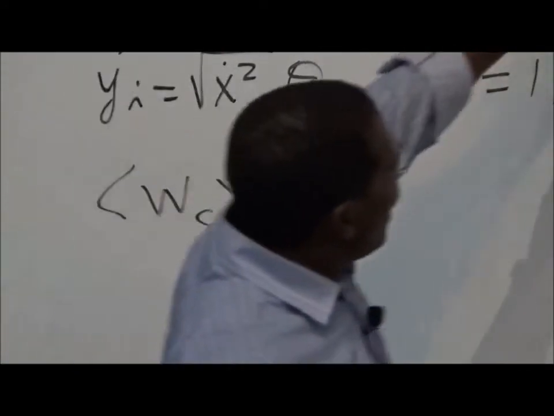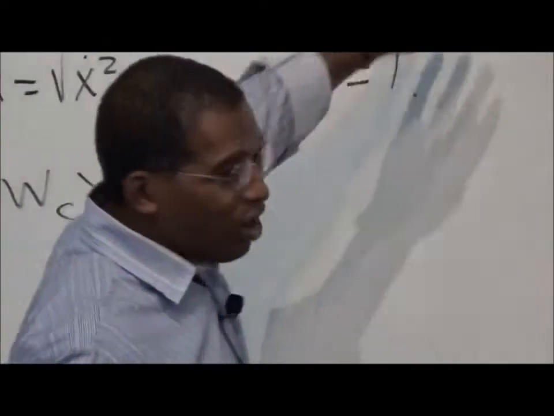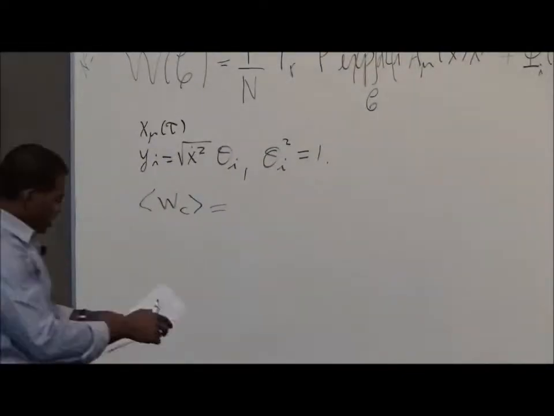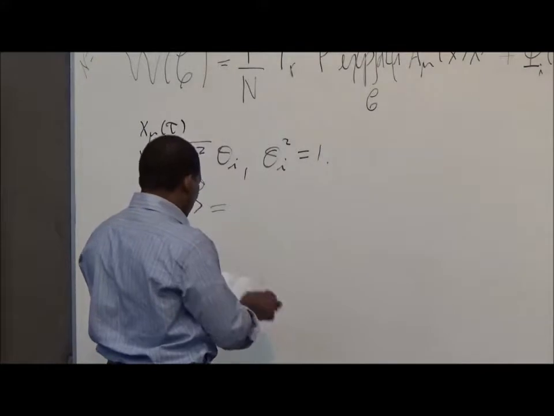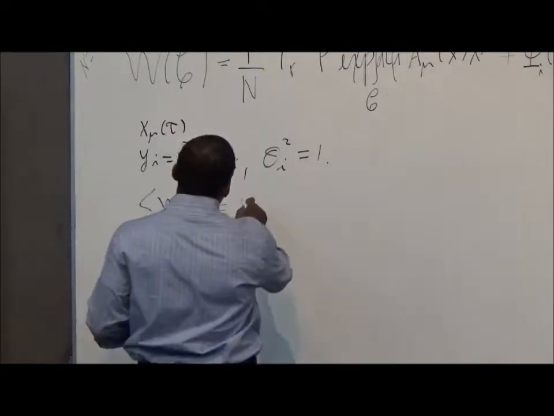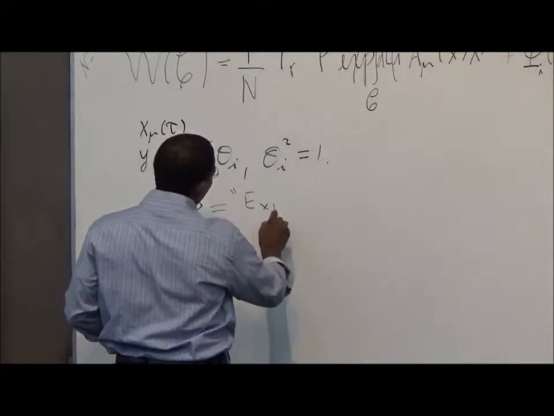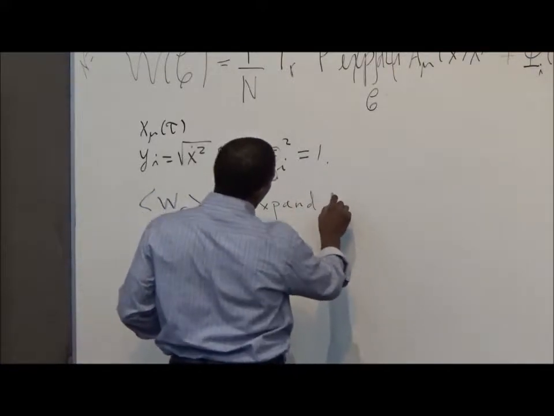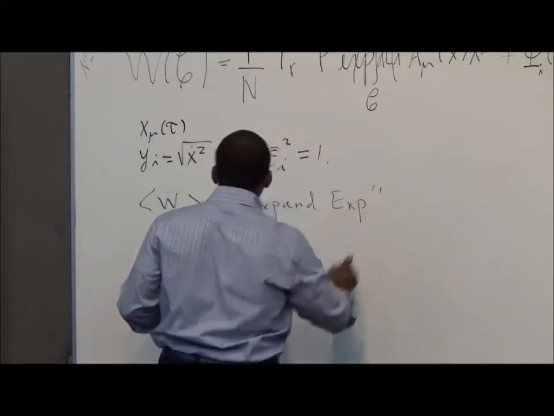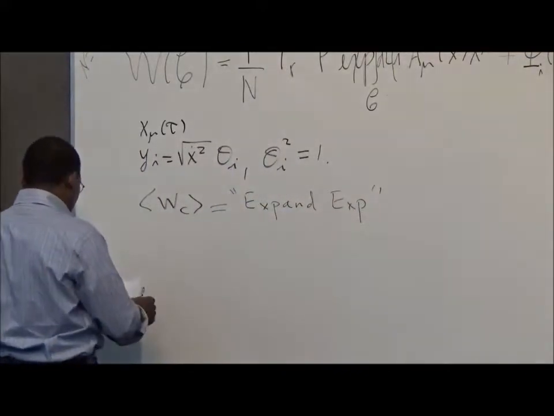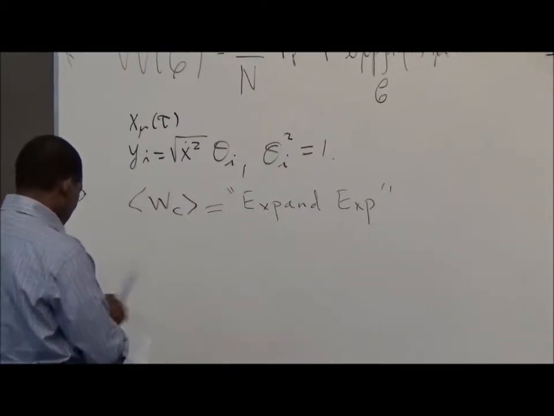So I assume that there's some coupling, G, that is small. I have been a little fussy with the couplings. Then what I'm going to do is expand the exponential.